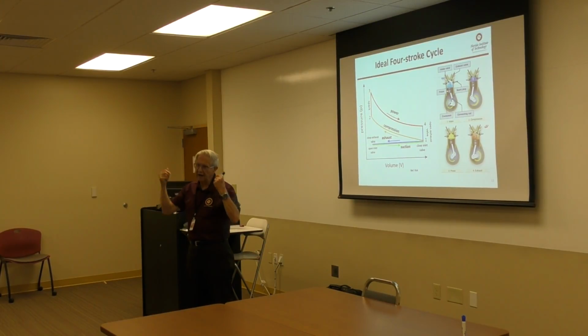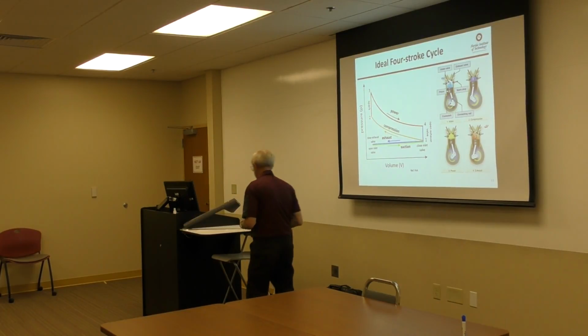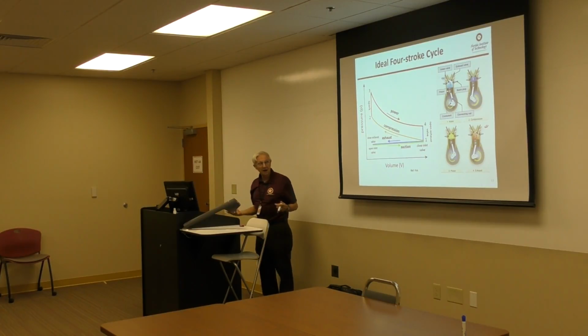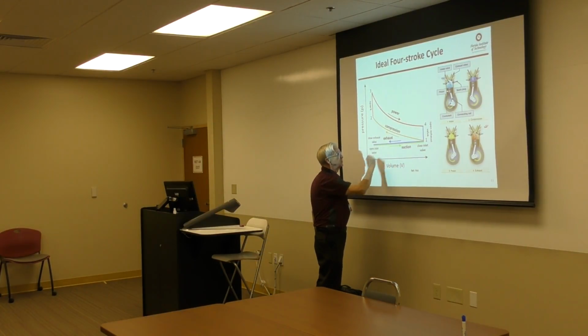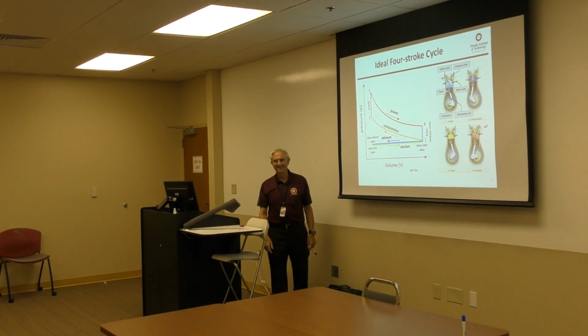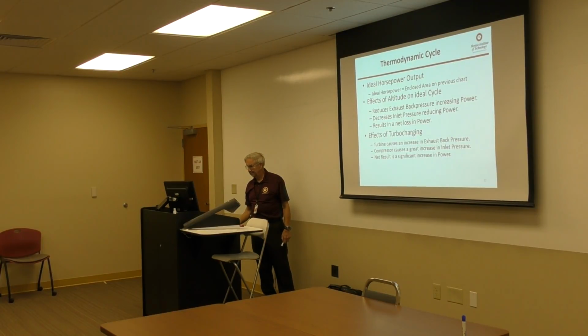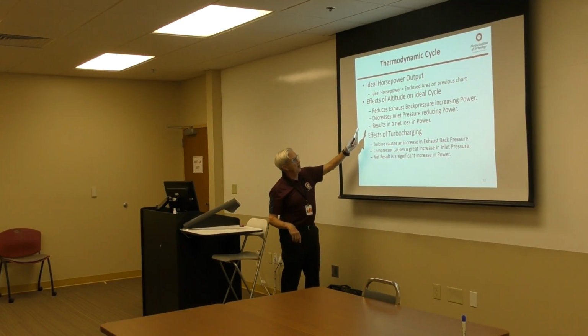So as you go to altitude, the power reduces. Now, with the turbocharger, what we do is we pump this one back up here, or maybe even higher. So as we go to altitude on the ideal cycle, we reduce the exhaust back pressure.